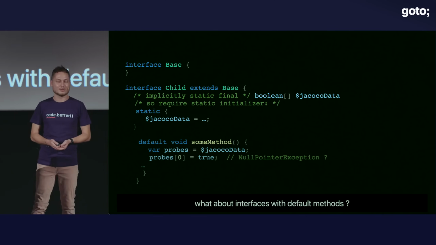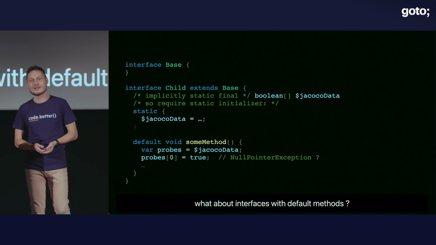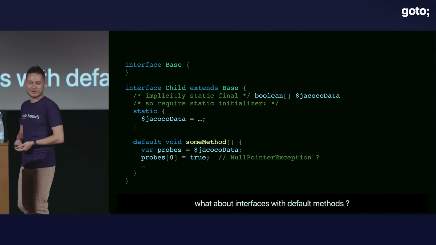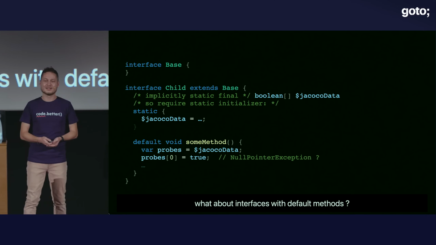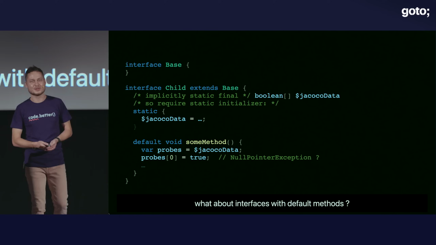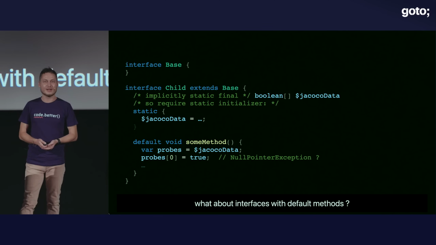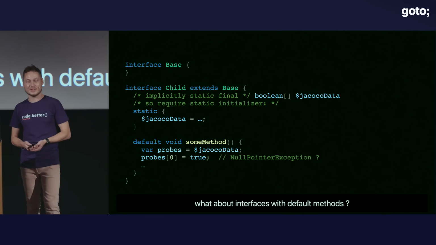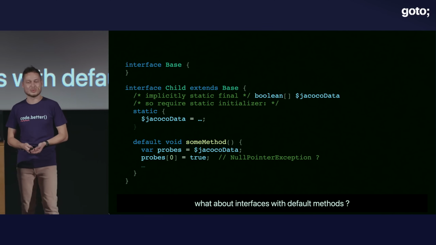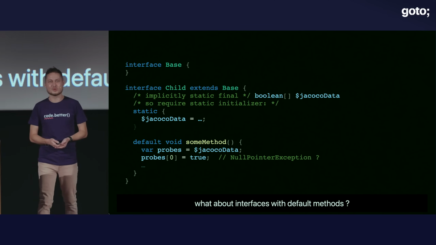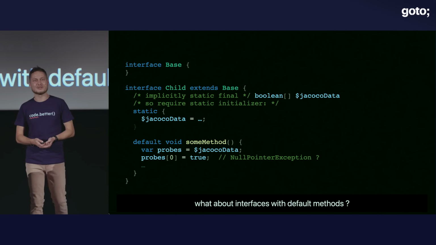Well, what about interface? You know that quite some time ago, interfaces also got a method, and now they can contain executable code, so we might want to record code coverage in them. And also, you know that in interfaces, every field is implicitly static final. There is no way to choose that it's not going to be final.